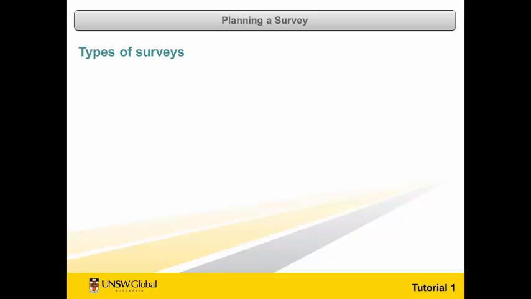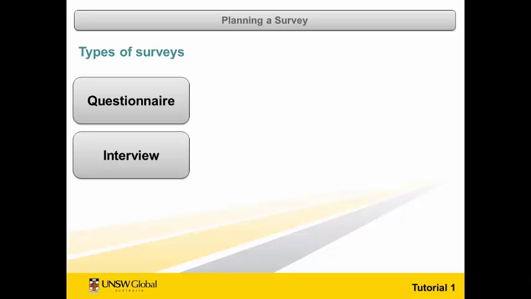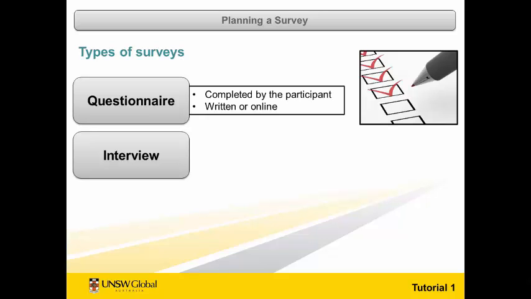Now when we're thinking about surveys, there's 2 different types. And we use both of these for research in university. The first type is a questionnaire and the second an interview. And you may experience both of these in your future study. The questionnaire is usually completed by a participant and it's written or completed online.